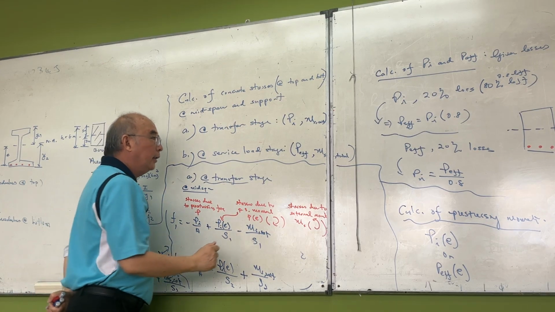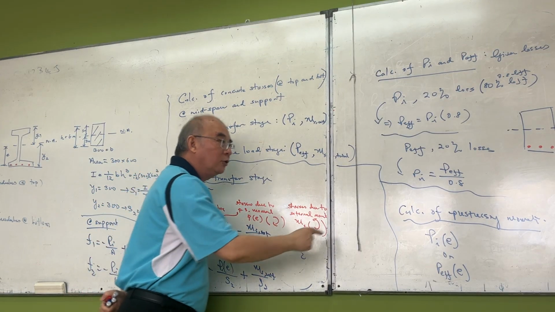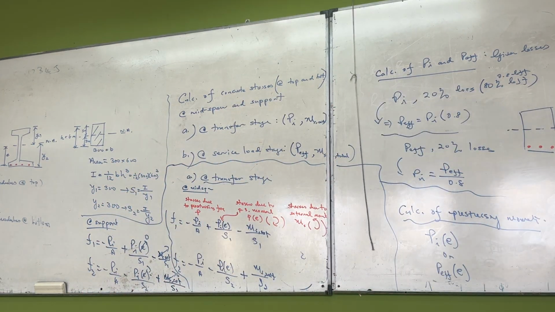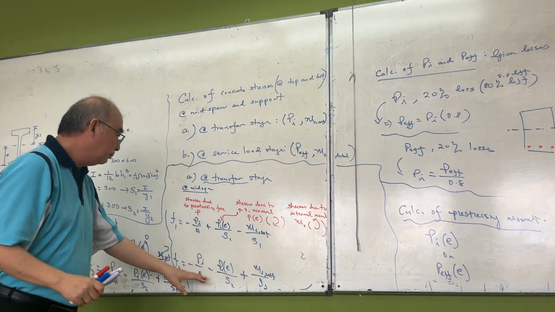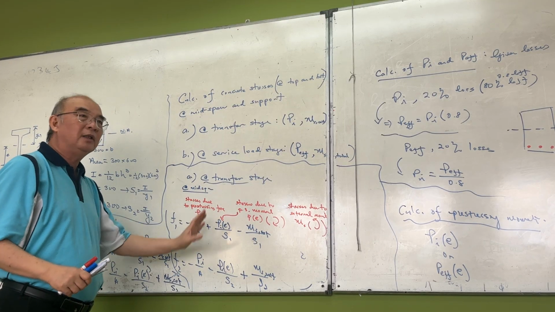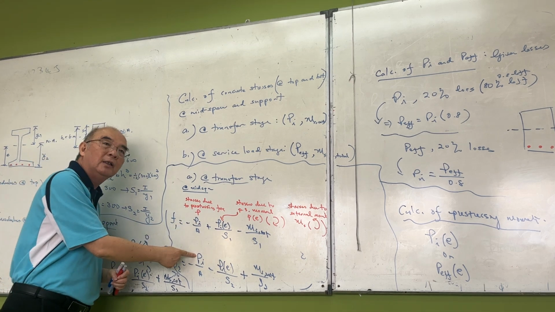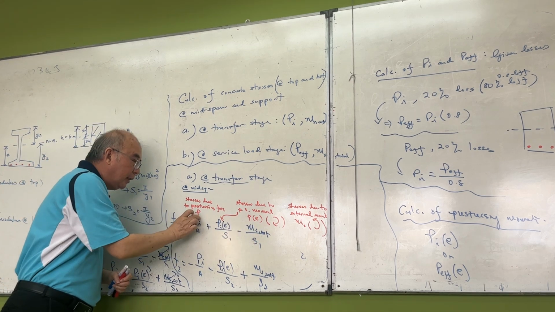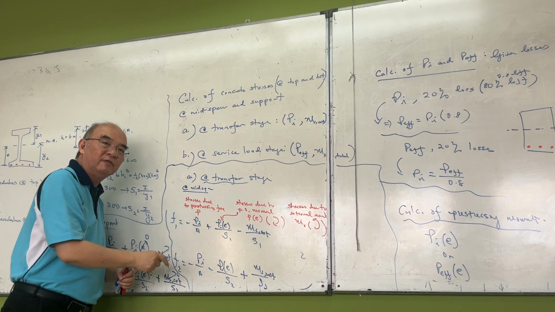Okay? And then, at service load, M self-weight changes to M total. That's all. So in other words, if you memorize this, at the transfer stage and then the service stage, everything is exactly the same, except that my prestressing force changes from PI to P effective.